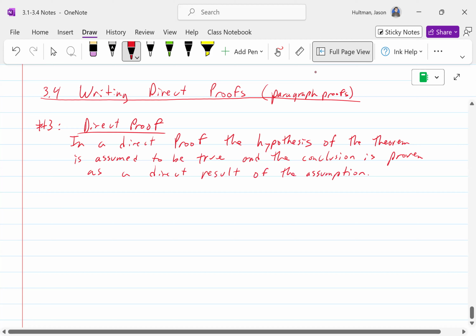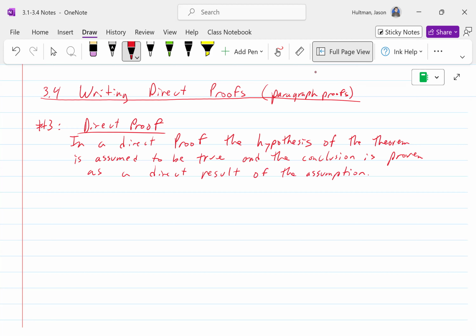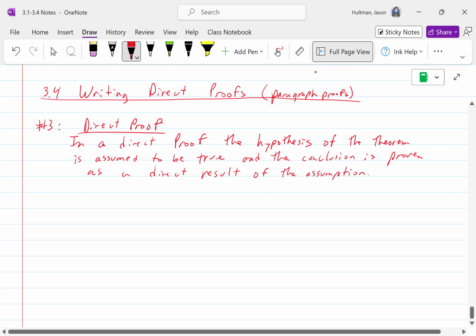So we're going to assume that it's true, and then we're going to build a case that it's true for everything. So let's do some proofs here.